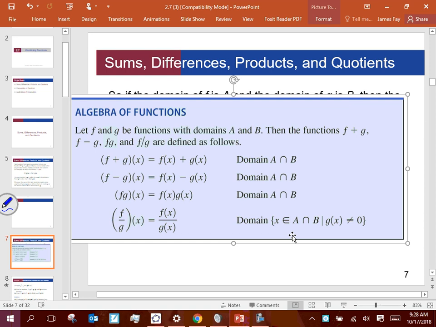Then they put that vertical bar and say such that g of x, that denominator, is not 0. So they're saying the same thing they said in the top three: domain A intersect B, except you can't divide by 0. That's what that last statement on the right-hand side is saying.